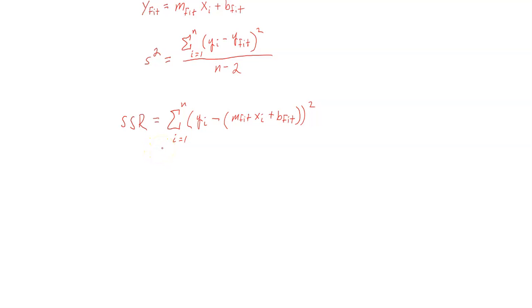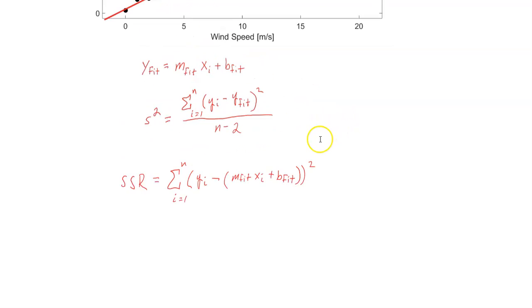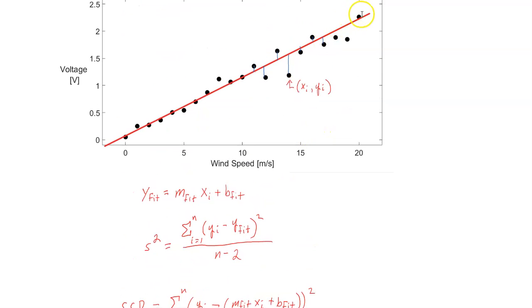And so now we can say that if we minimize this function SSR, we have found the minimum cost associated with our fit line, and we have found the line that best fits our data. Now remember, this is an estimator of the actual slope that exists in the trend that really exists in our sensor.